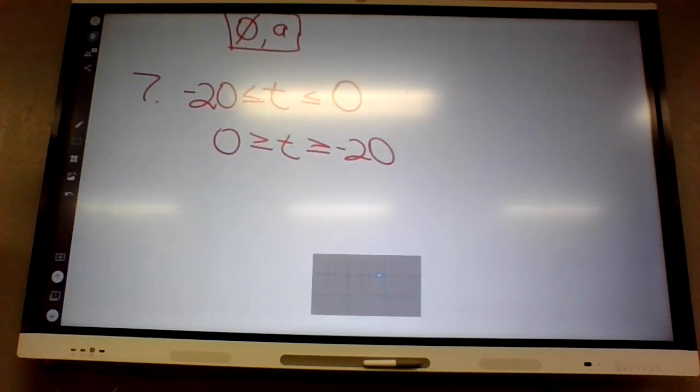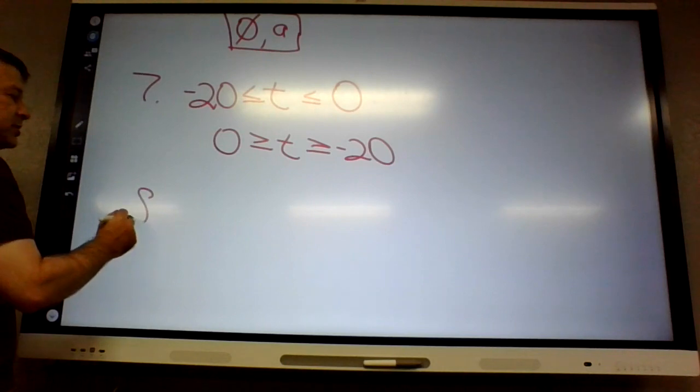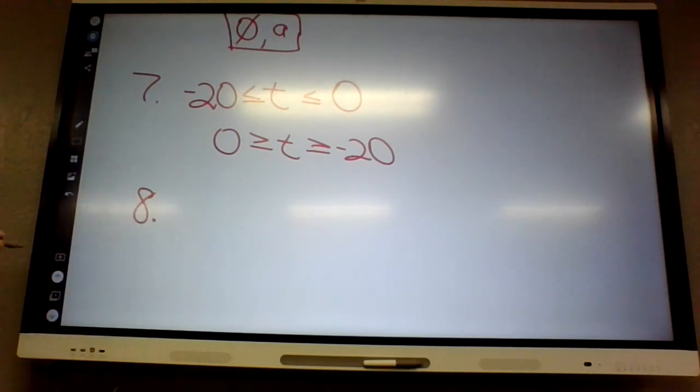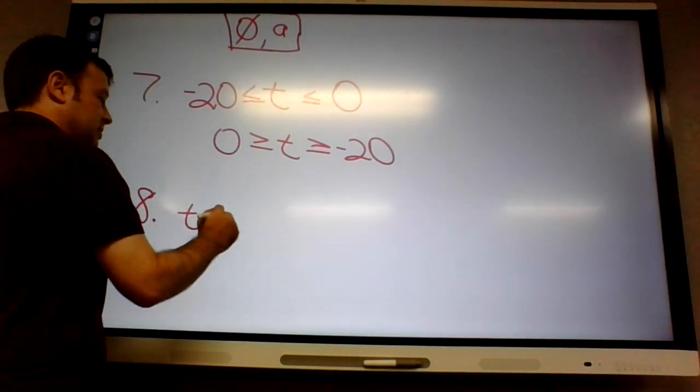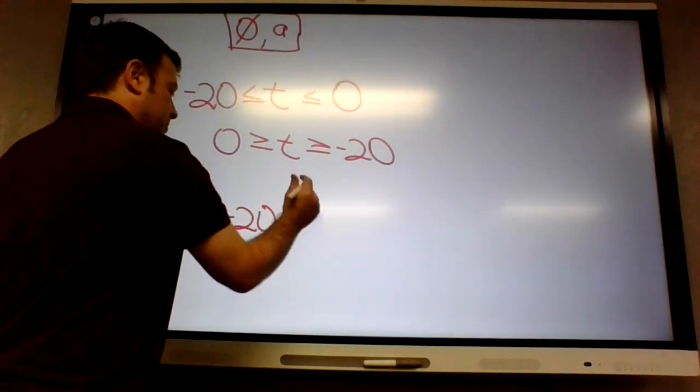Okay, if those are the temperatures that the trees can grow in, number 8 asks, what are the temperatures where the trees would not grow? Less than -20 or more than 0.